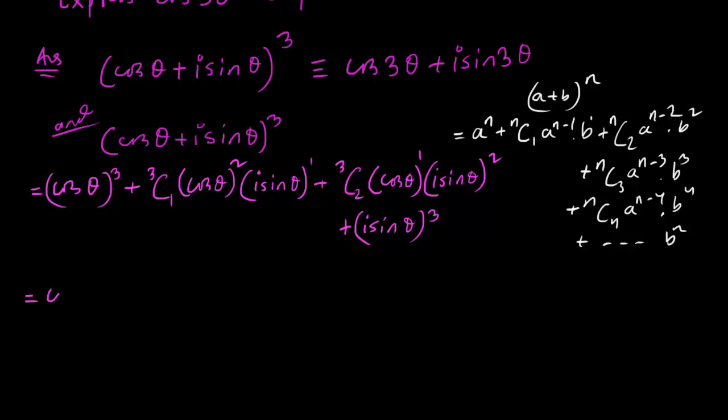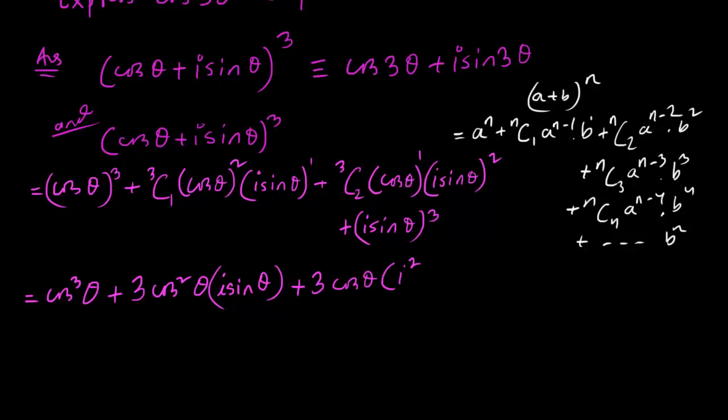So we can write this as cos cubed theta plus 3C1. If we use the calculator, it would be 3, cos squared theta i sine theta, plus 3C2, which is also 3, so this would be cos theta and i squared sine squared theta, plus this term would be i cubed sine cubed theta.